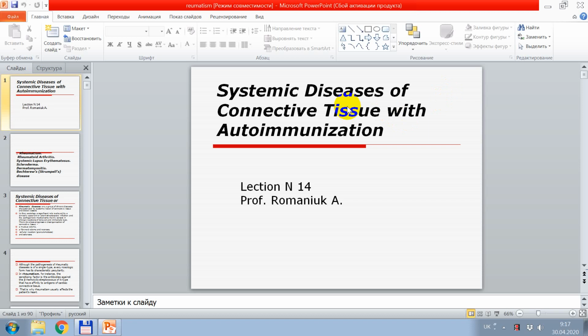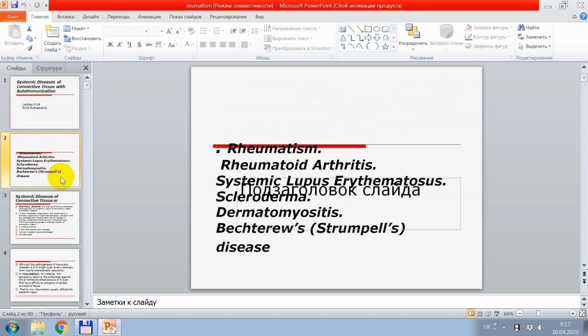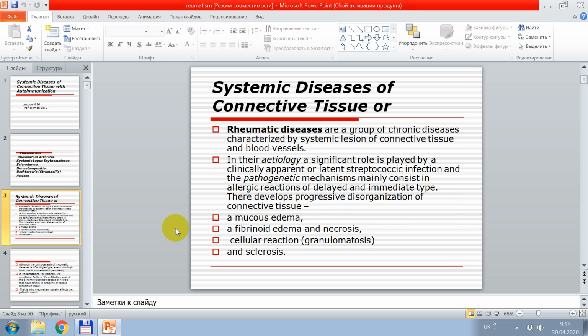As a rule, in literature you can see the names collagenoses or rheumatic diseases, because this general complex of pathology includes rheumatism, rheumatoid arthritis, systemic lupus erythematosus, scleroderma, dermatomyositis, bacterial osteoarthritis disease, and any other local pathology of connective tissue. Also called systemic disease of connective tissue or rheumatic disease.